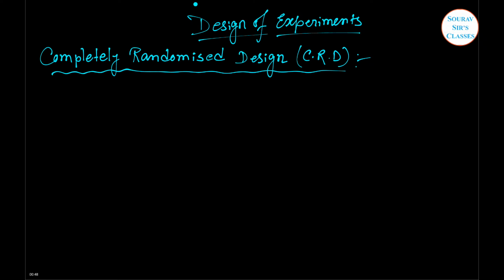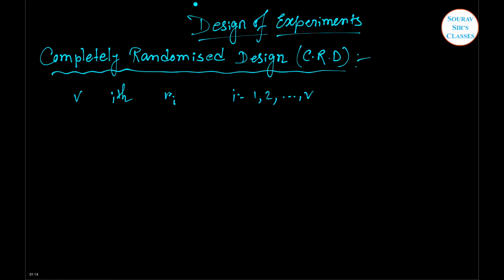Let us suppose that we have v treatments, the ith treatment being replicated Ri times, where i equals 1 to v.